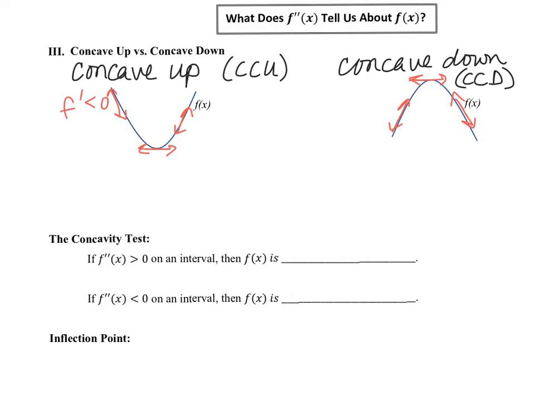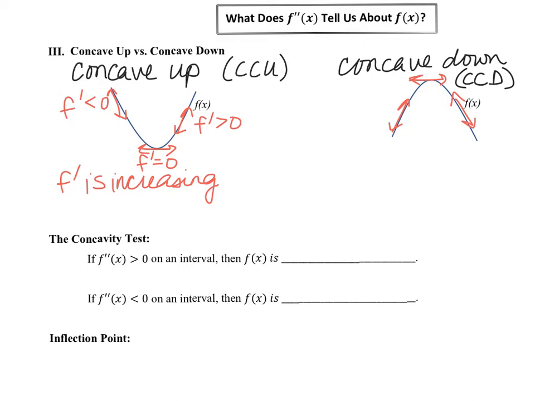And then here I have the horizontal tangent, that's where the derivative is equal to 0. And then my tangent lines have a positive slope, so the derivative is greater than 0. So what's happening to my derivative is that the derivative is getting bigger. We say the derivative is increasing when we have a concave up portion of the graph.